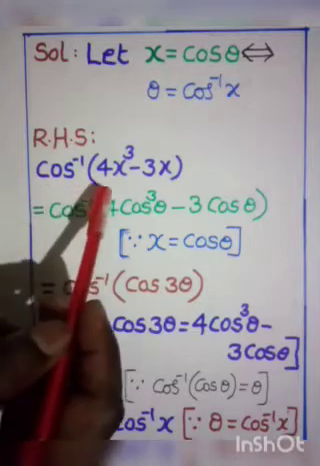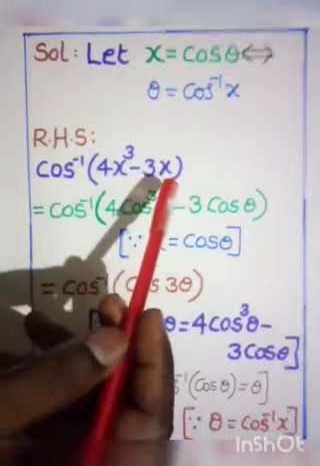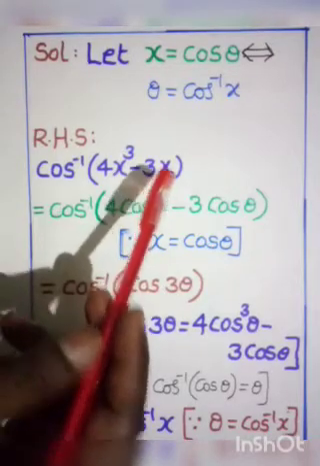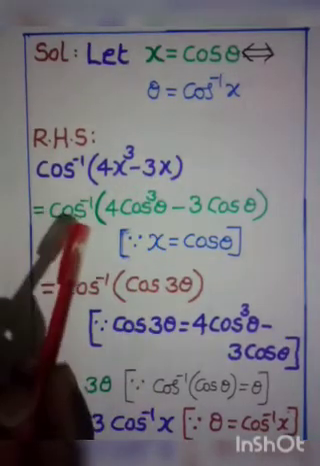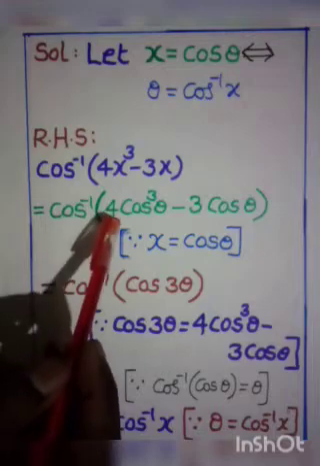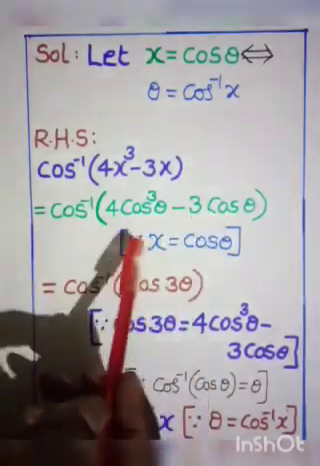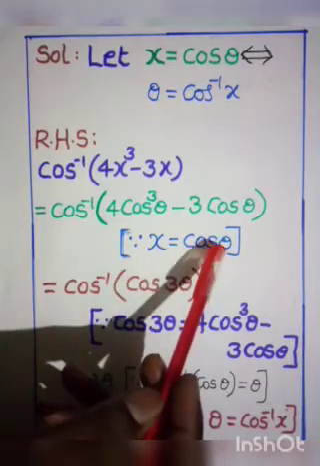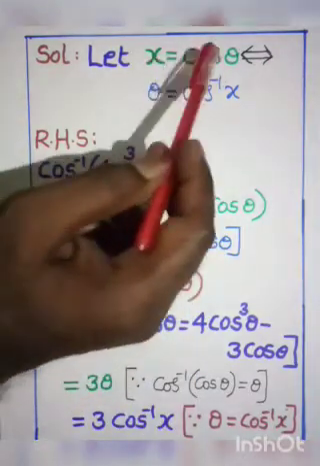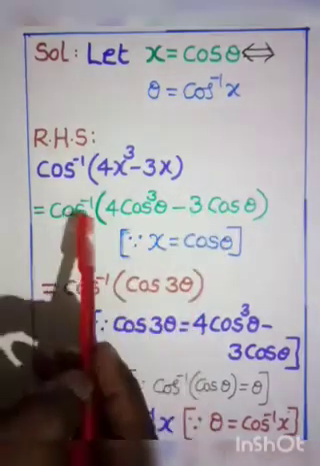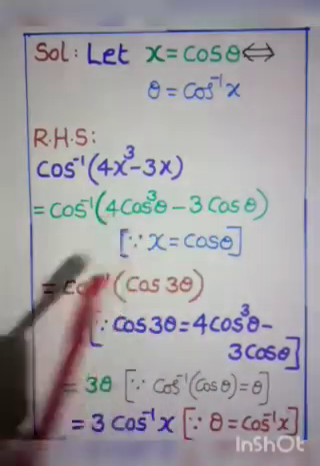Cos inverse of 4x cube minus 3x. This is the RHS of the given function. It is equal to cos inverse of 4 cos cube theta minus 3 cos theta, because we assumed here x is equal to cos theta. That is why I wrote this step. Understood, my dear children? Right.